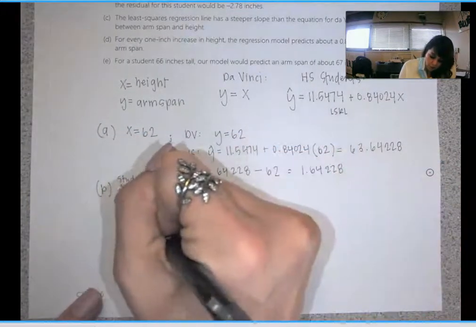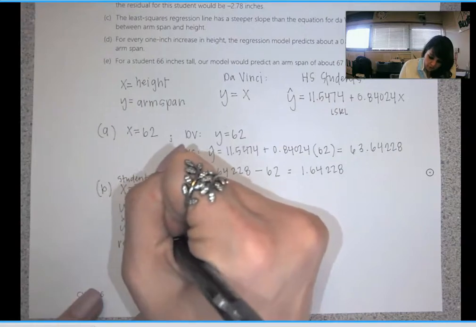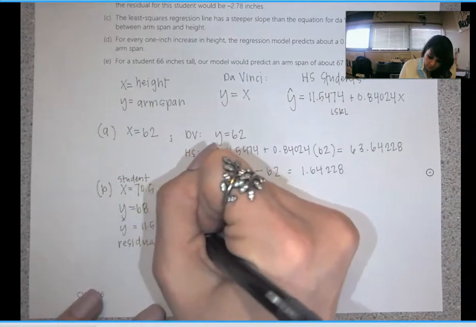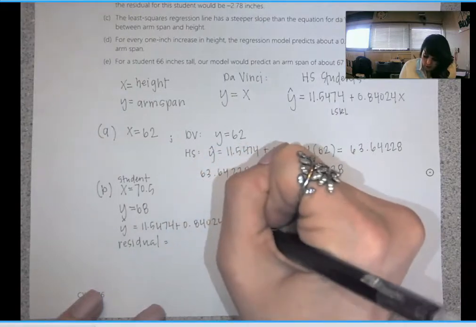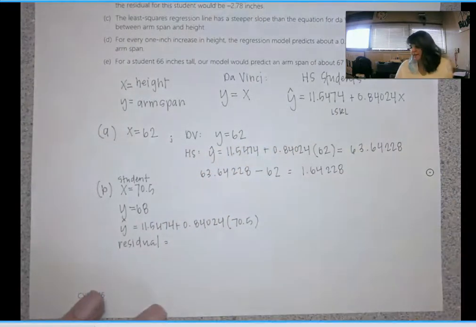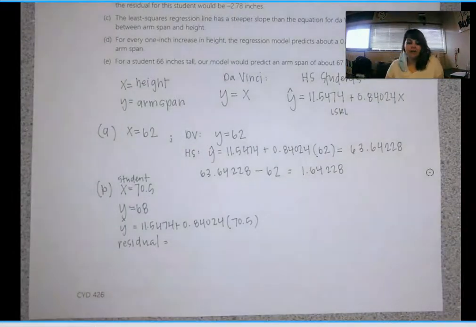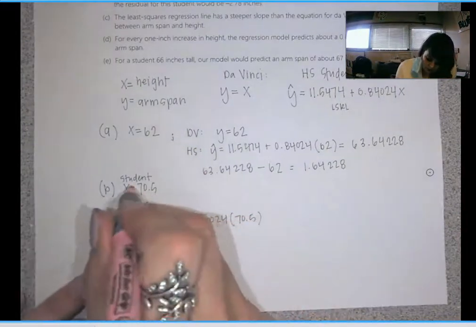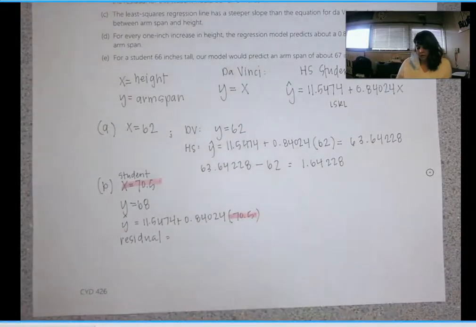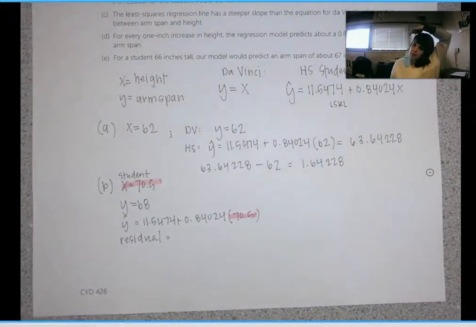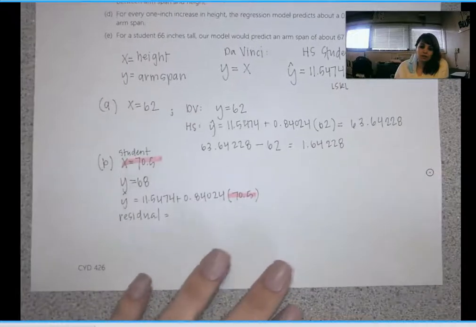I have X and Y, I can calculate Y hat by plugging in 70.5. So 11.5474 plus 0.84024, you're plugging in 70.5. So one thing that I cannot stress enough about problems like this in this unit, write down all of your information.